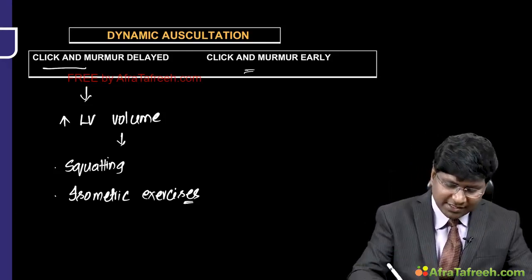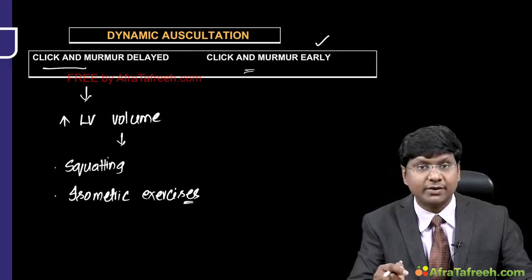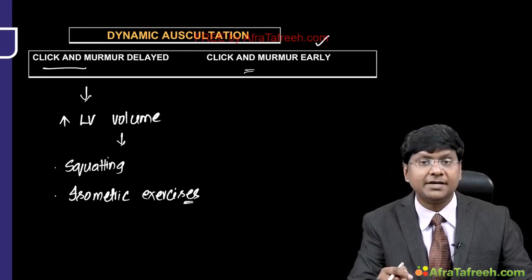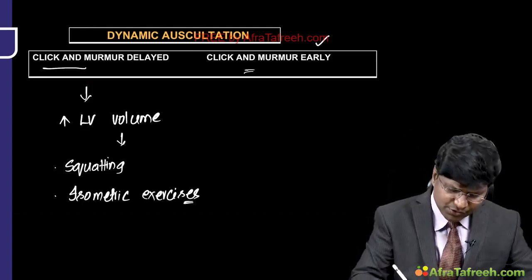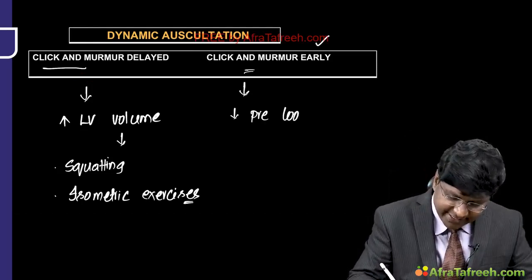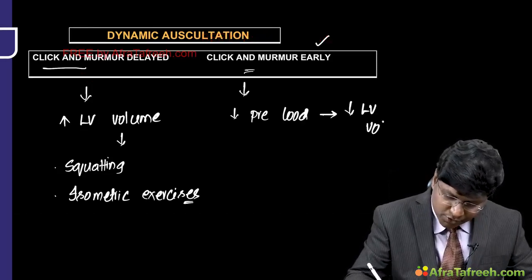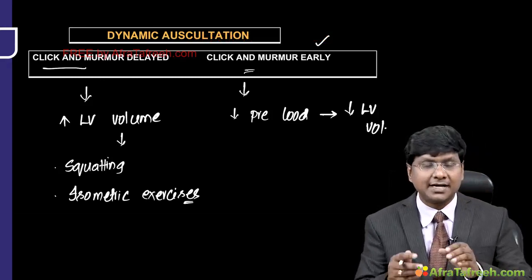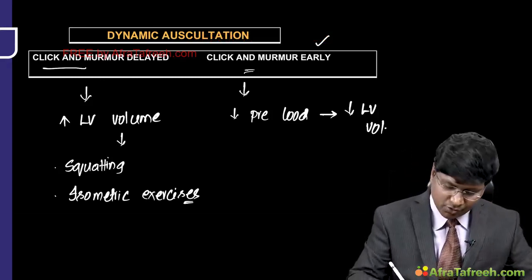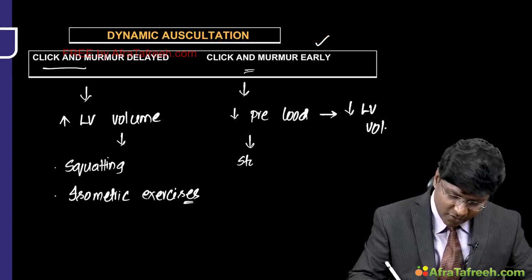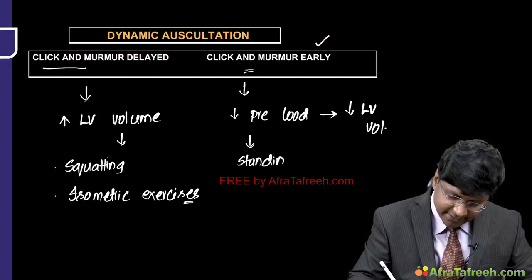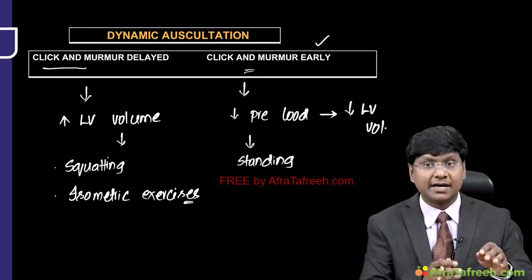And what are the maneuvers where the click and murmur will be early? In maneuvers where there is decreased preload causing a decrease in the LV volume, the click and murmur will be early. So what are those maneuvers? Upon standing, the click and murmur will be early.